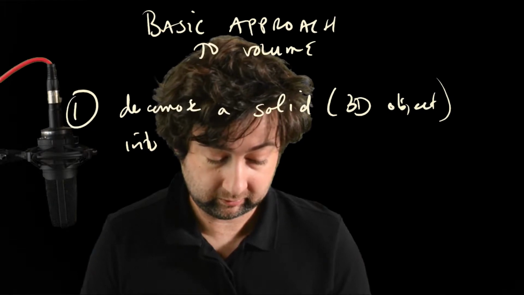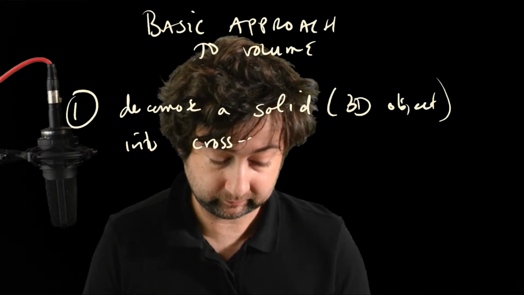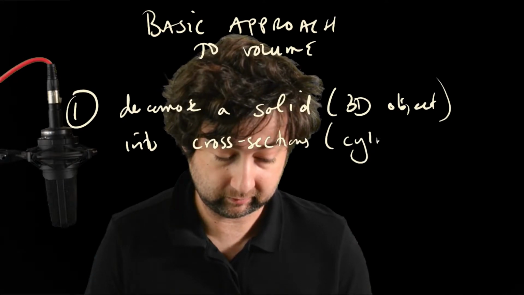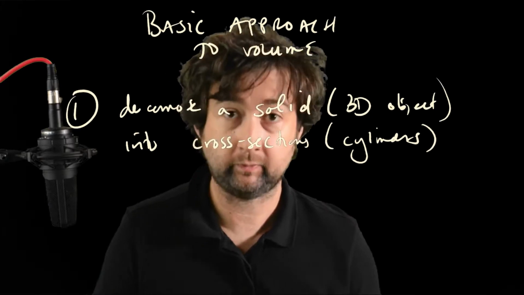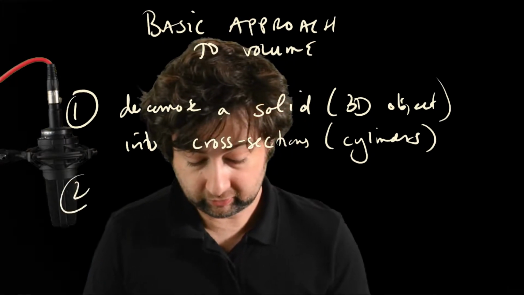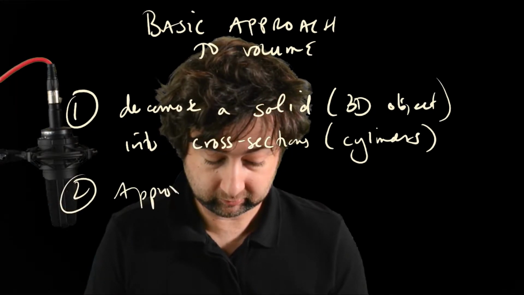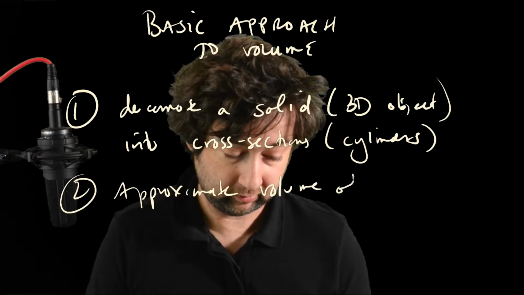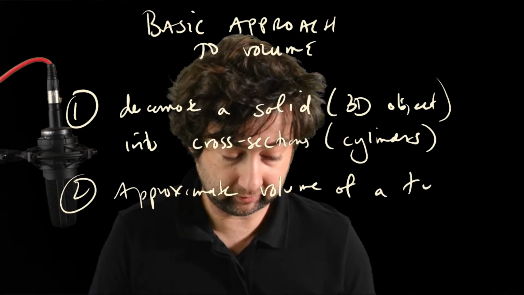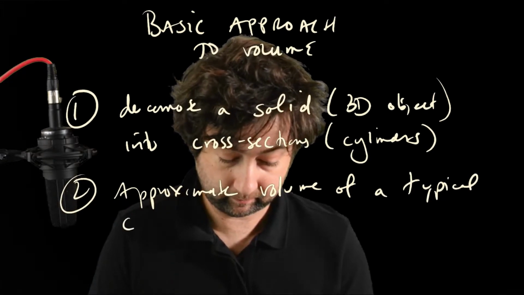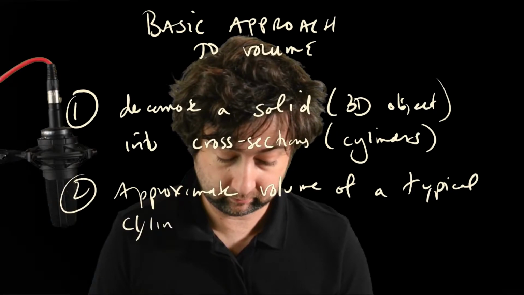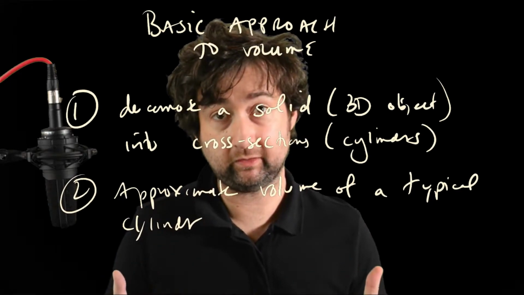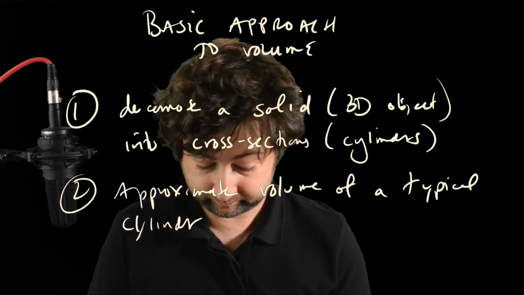into cross-sections, or cylinders. Then we're going to approximate the volume of a typical cylinder, and then, just as in the area case, once we have a typical cylinder, we can just add them all up.